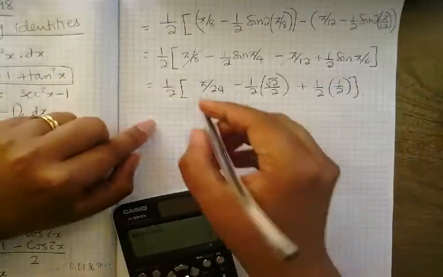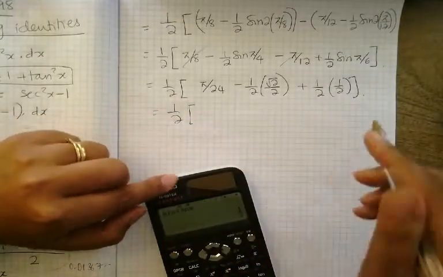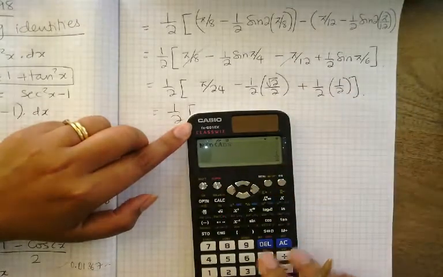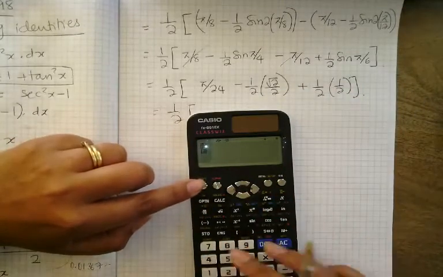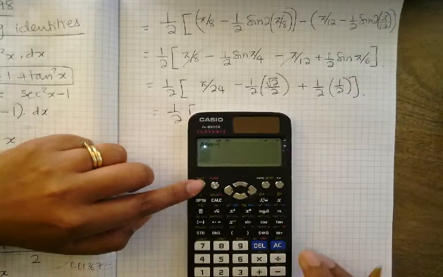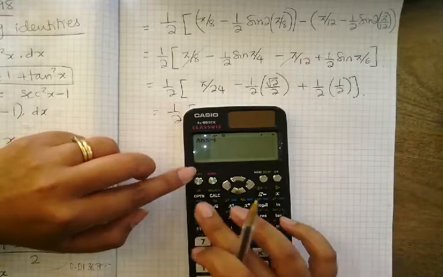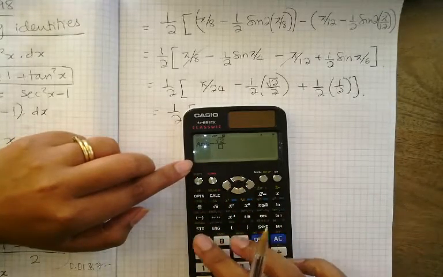Then simplify these two answers: I've got a quarter minus root 2 over 4.